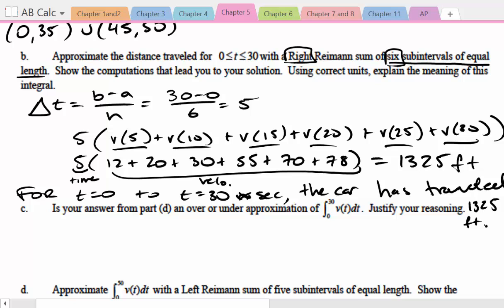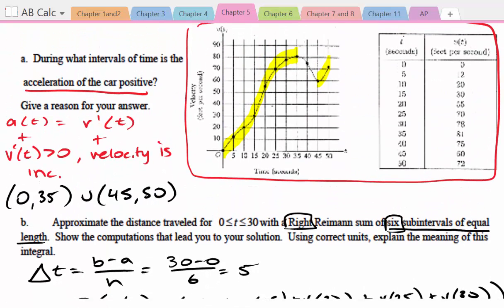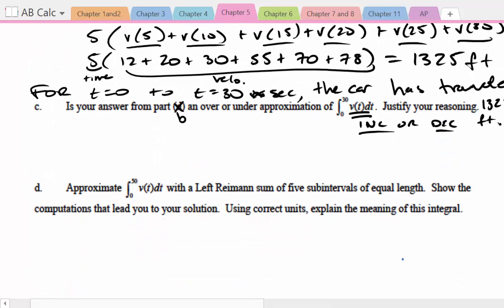Part B: is your answer from this an over or under approximation of this integral? Justify your reasoning. If I'm comparing a right Riemann sum and trying to figure out if it's over or under, I want to determine whether the function that's inside the integral is increasing or decreasing. If I look from 0 to 30, this function is increasing. So velocity is increasing.